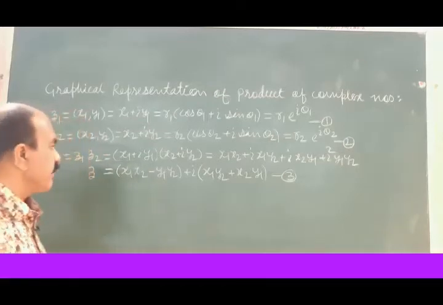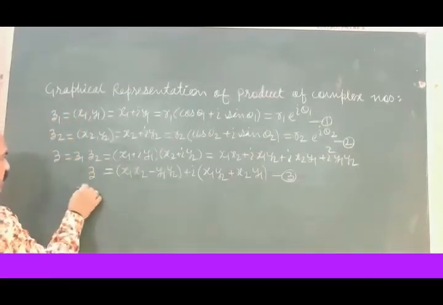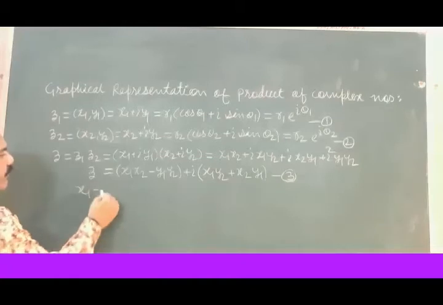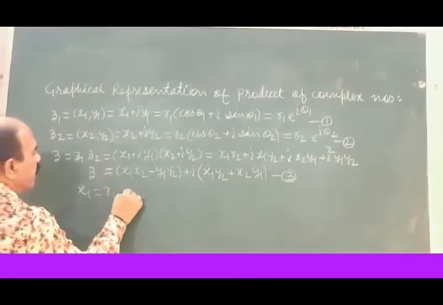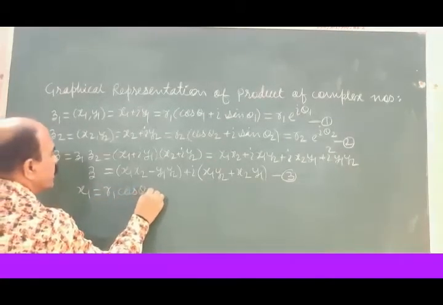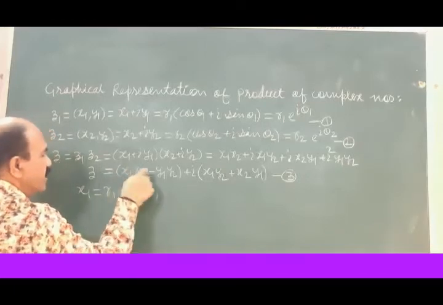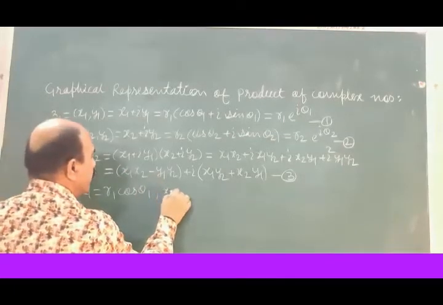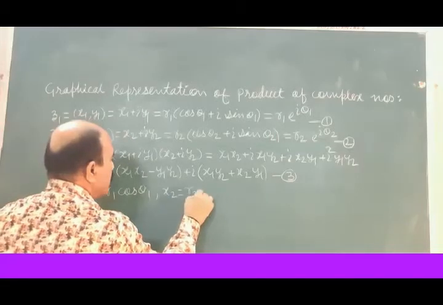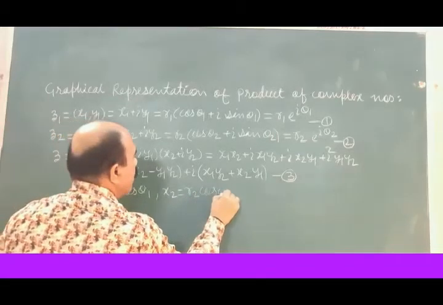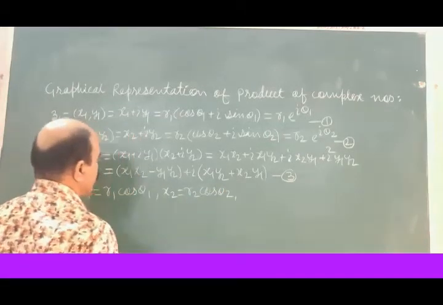Now, what is x1 in polar form? r1 cos theta 1. What is x2 in polar form? r2 cos theta 2.